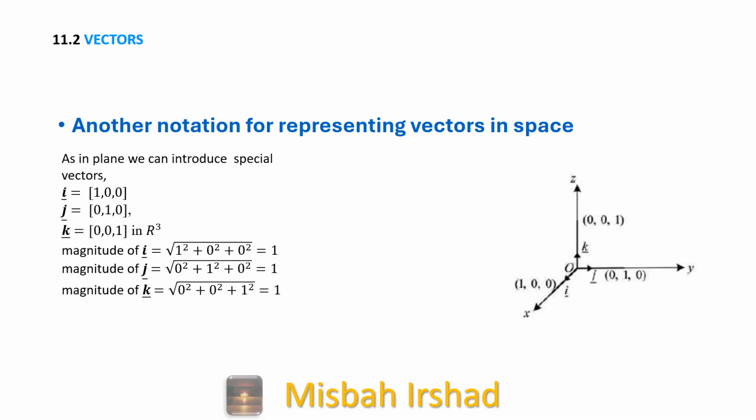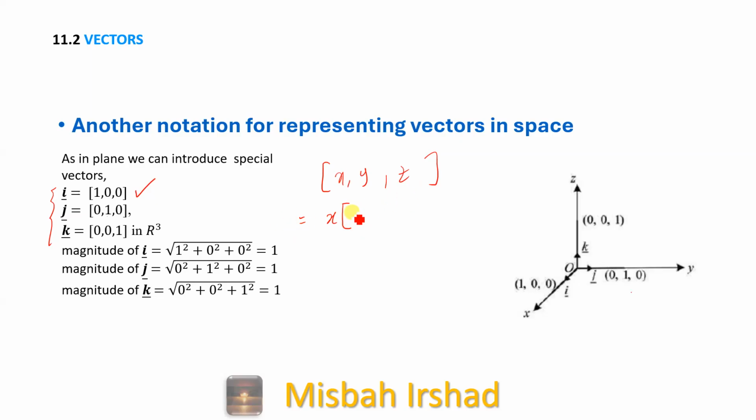And if we have a unit vector along the x-axis given by 1, 0, 0, along the y-axis given by 0, 1, 0, and along the z-axis given by 0, 0, 1, then any vector in space with components x, y, z can be written as a linear combination of these vectors, like we did in the case of vectors in the plane.